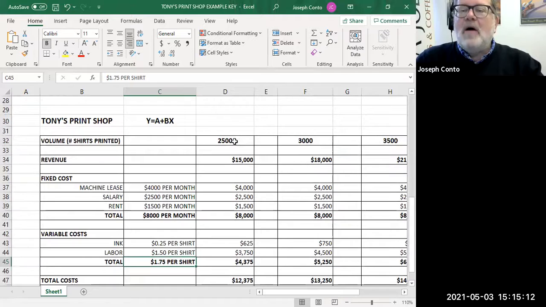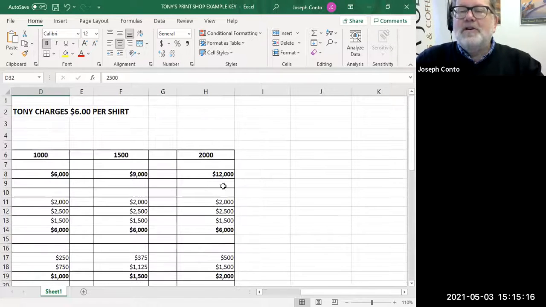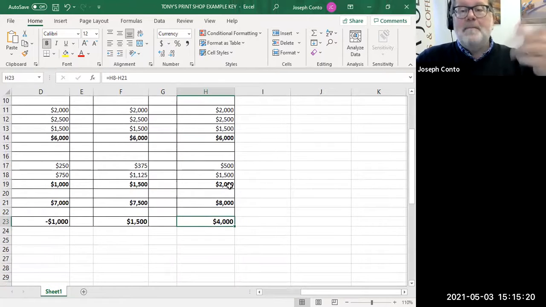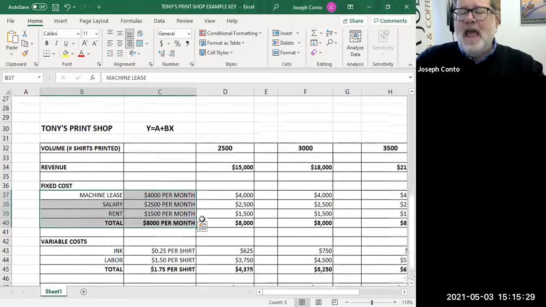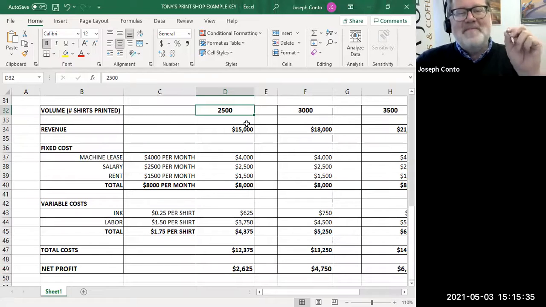So now I went from, remember, I had 2,000 shirts a month, and I was bringing in enough money to have $4,000 in profit. Well, if I want to grow, I have to add these additional fixed costs. And I did, in fact, grow. Now I'm making 2,500 shirts per month.